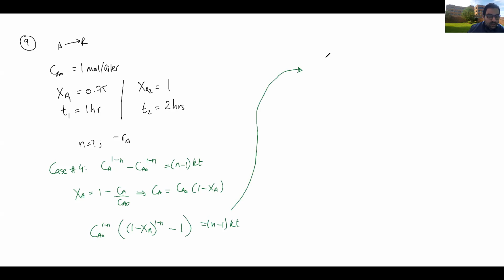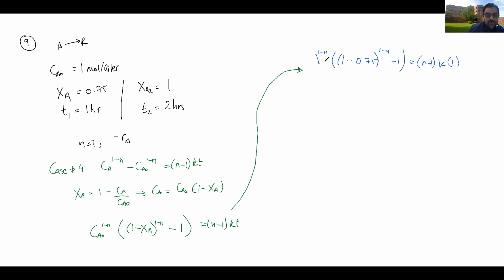So in this case, let's write them for both conditions. I have C_A0 is 1, so 1 into (1 minus N) into (1 minus X_A is 0.75) into 1 minus N minus 1 is equal to (N minus 1) into K, and t in this case is 1 hour.